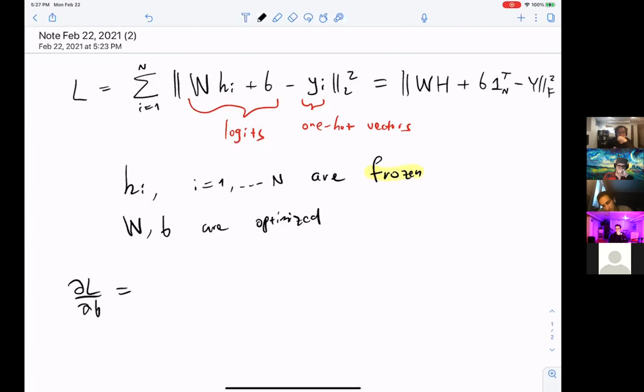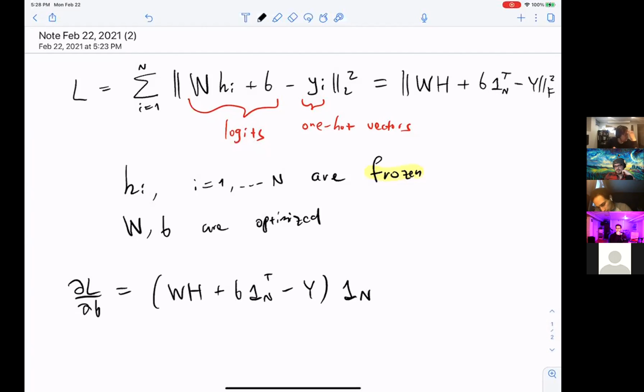Frobenius is just the sum of squares. Now I'm going to calculate the derivative with respect to b, and that's simply equal to (WH plus b 1_n transpose minus Y) multiplied by 1_n. This is just a standard derivative.